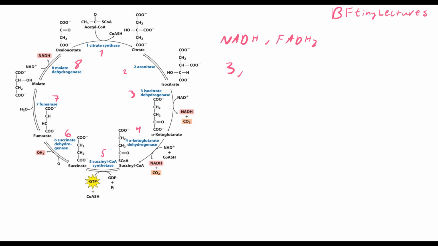Over here, we also have another dehydrogenase that produces NADH, so that's step 4. NADH is also created by a dehydrogenase in step 8. So specifically, NADH is produced in steps 3, 4, and 8 via dehydrogenase reactions.